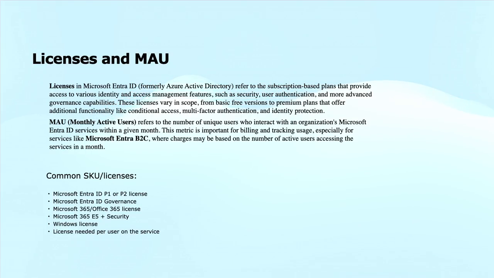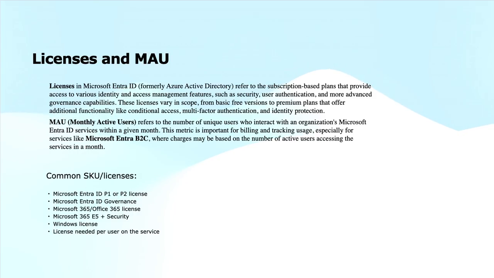The model tracks and bills based on the number of unique users who actively use the service during a billing month. The key feature of monthly active user billing is the definition of active users. We need to first understand that an active user is someone who has authenticated and used the Entra ID based applications or services at least once within the billing month.